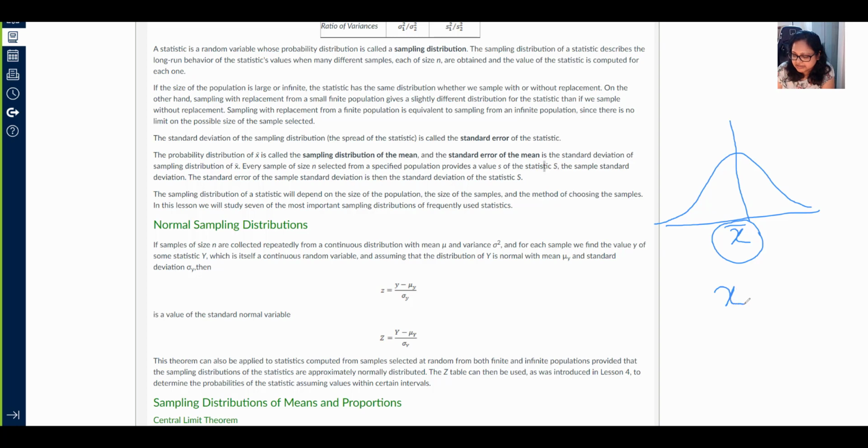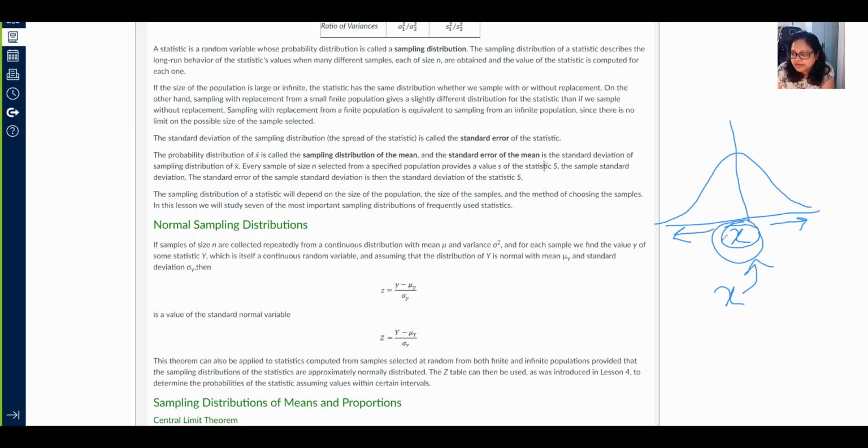The variable is x, but since we are taking the mean and we found the sampling distribution of the mean, then from sample set to sample set, how much variation we have in these means, that means you can see the variability within our data set.